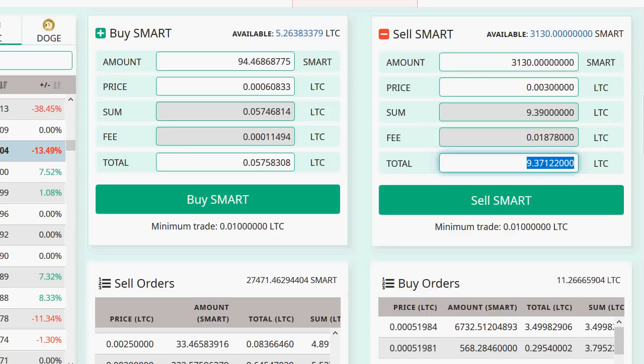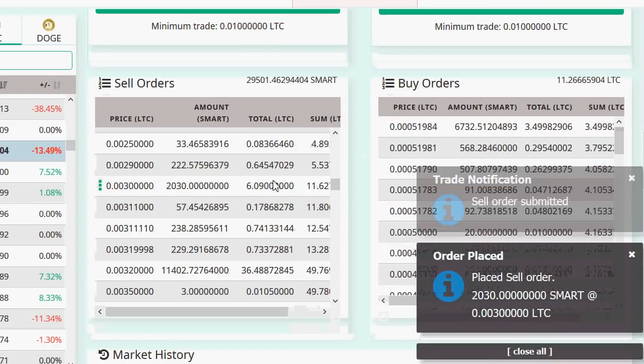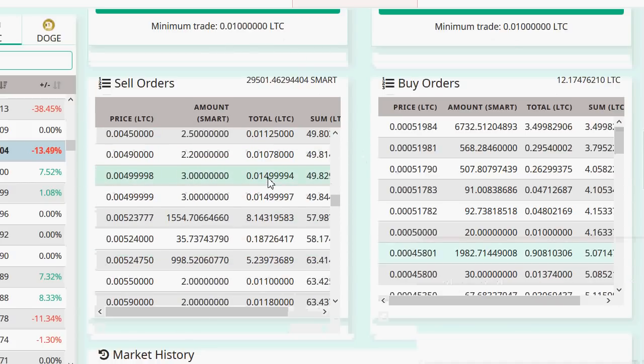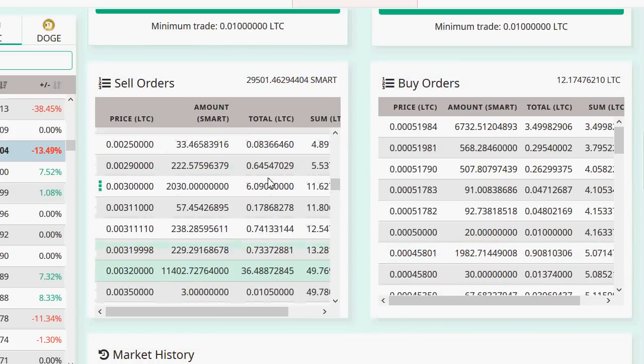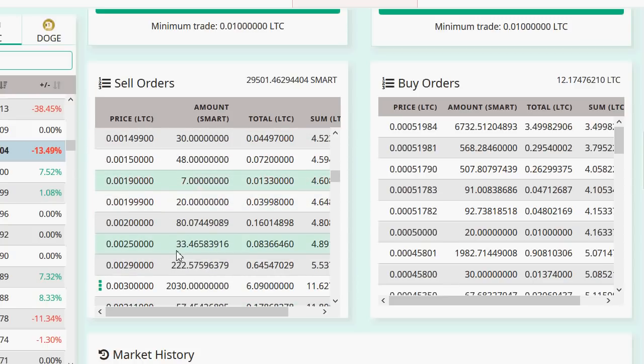I mean, 6 Litecoin would leave me with 337 still. I could just sell 2 grand, leave myself with like 1,100. And then see where the insane orders would work. So there's sell order number 1, sell order number 2.